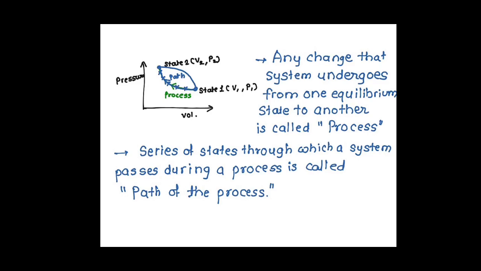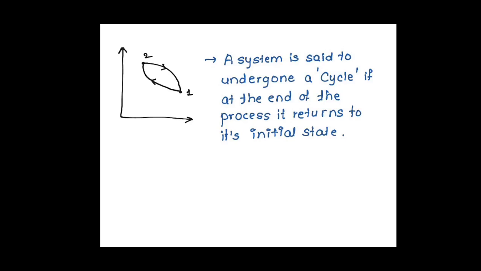So this state 1 to 2 and again to 1, we will call it a cycle. So we can say that in case of a thermodynamic cycle, initial and final states are identical.